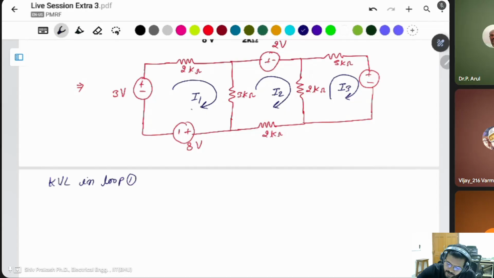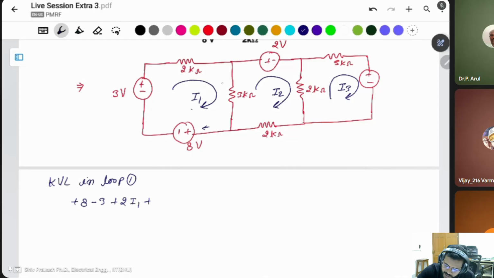KVL in loop 1. KVL started from here. This is plus 8, then minus 3, plus 2I1. 2 kilo ohm times I1, I have written as 2 only. Since the resistance is in kilo ohm, the current is in milliampere. 2I1 plus this is the 3.